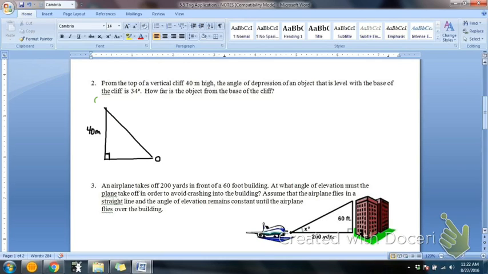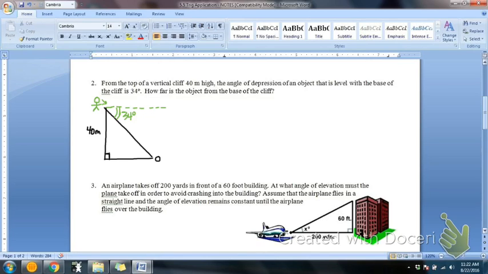That means if you were standing up here and you were looking down, the angle that is parallel to the horizon, which is this one right here, this would be 34 degrees. That's great, except for that doesn't get me inside the triangle. Right? I'm not inside the triangle, I'm outside, and so now this doesn't help me at all.